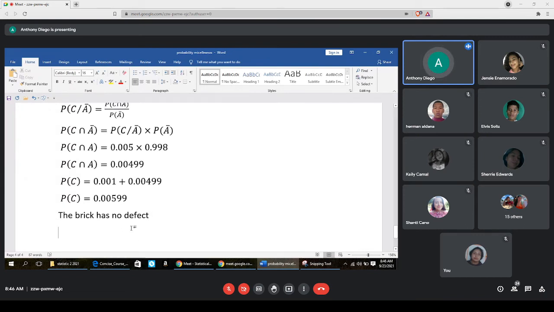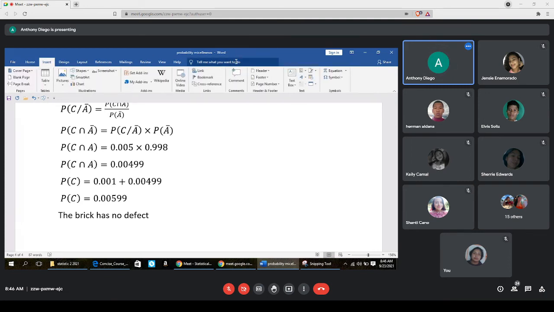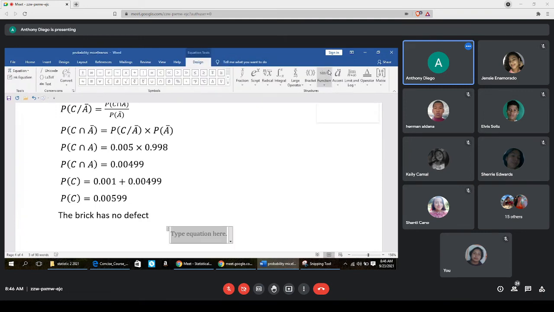Now, in order for a brick to have no defect, then what will that be? Let us put the probability of E. We are mentioning that let E be the event that it has no defect.